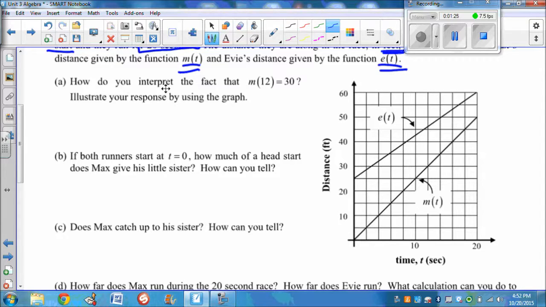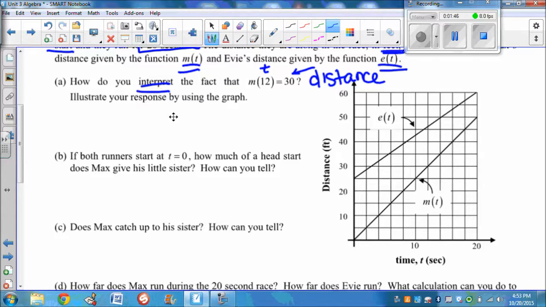It says, how do you interpret the fact that m of t equals 30? That word interpret means find the meaning within the context of this problem. So that's our t, our time, and 30 is our distance in feet.